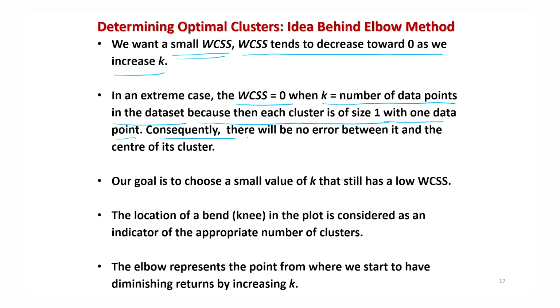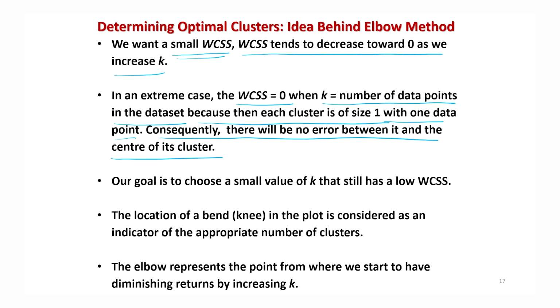And so consequently, there will be no error between it and the center of its cluster. It means every group has only one observation whose variability will always be 0.